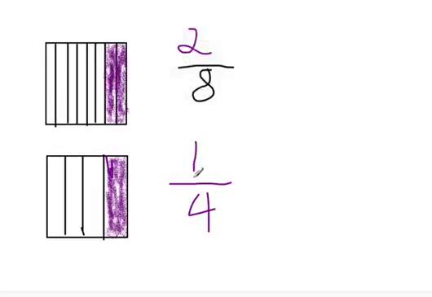and you said the numerator was 1, you would be correct. We can see by looking and comparing the shapes that 2/8 and 1/4 are the same size, so they are equivalent fractions. Let's try a couple more problems.